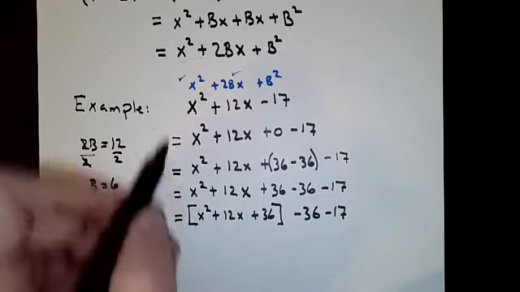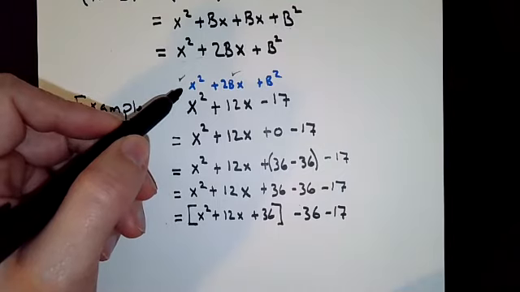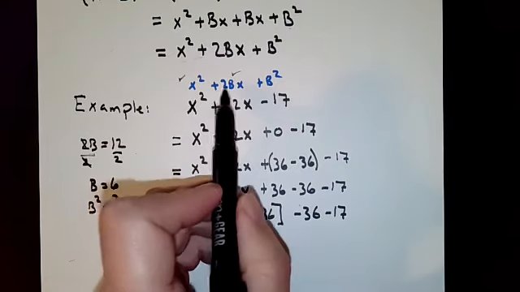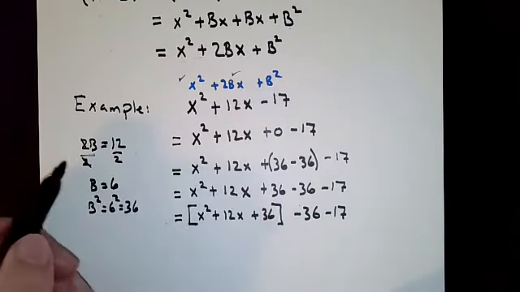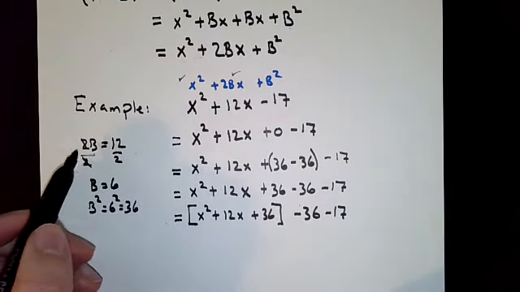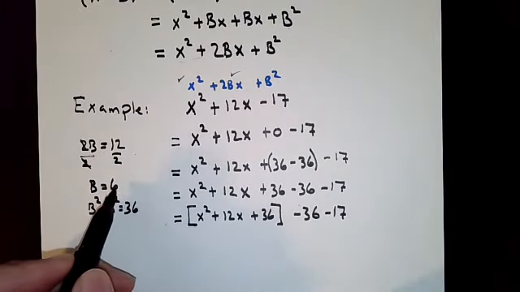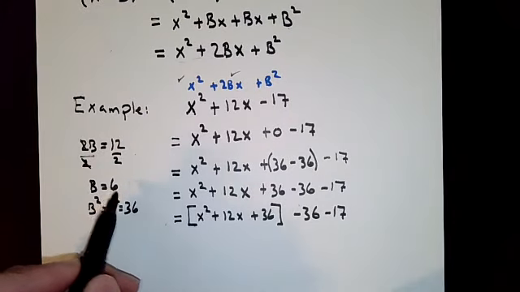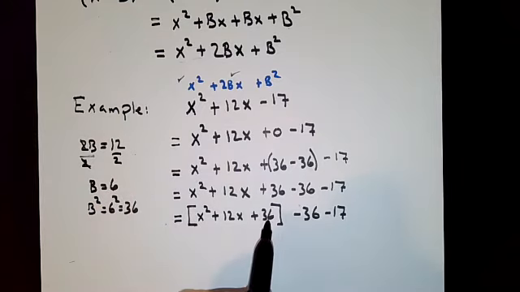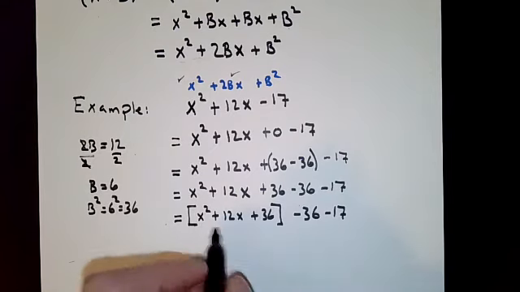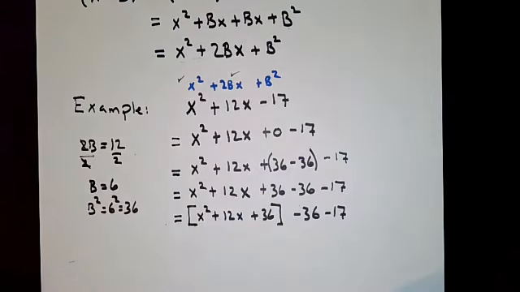X squared, 12x is the same as 2b times x, because that's how we defined it originally. And that told us b was equal to 6. And here we have b squared. 6 squared is 36. So these first 3 terms are a perfect square.